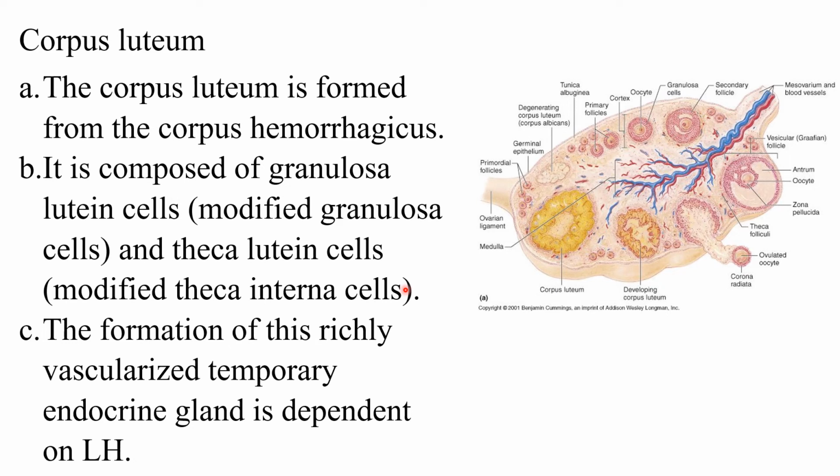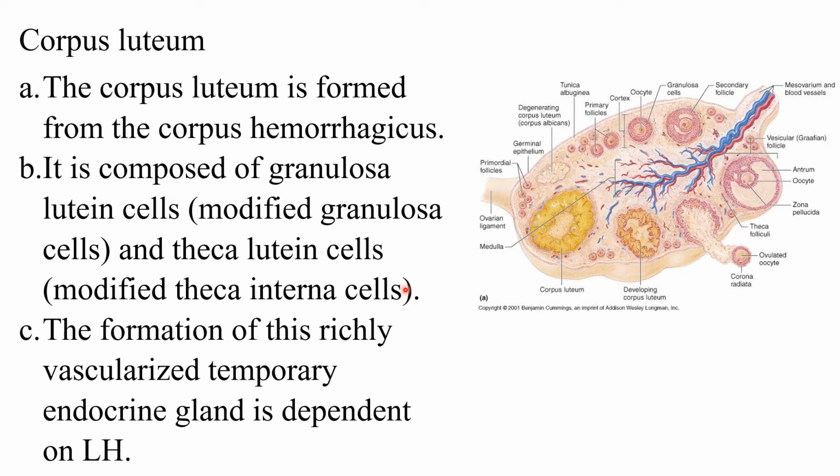The corpus luteum is formed from the corpus haemorrhagicus. Corpus haemorrhagicus is a structure which is formed after the expulsion of the ovum from the Graafian follicle.